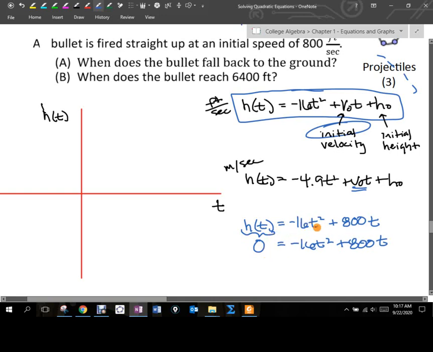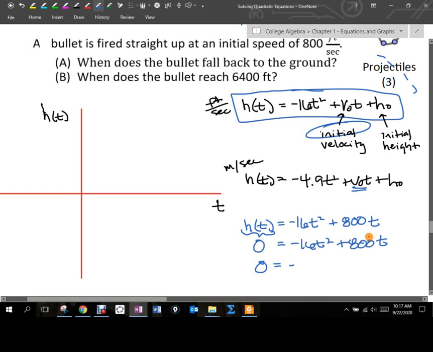One of the reasons they like to use feet per second is because they can choose a number like 800 as the initial velocity, and this is going to factor pretty conveniently. Because I don't have a c term in my quadratic, you have an a and a b, you can always factor a GCF out.